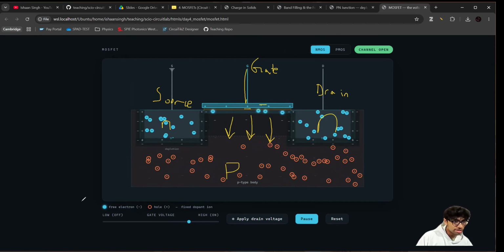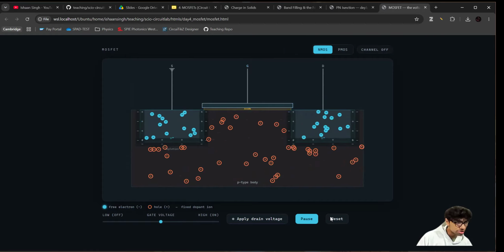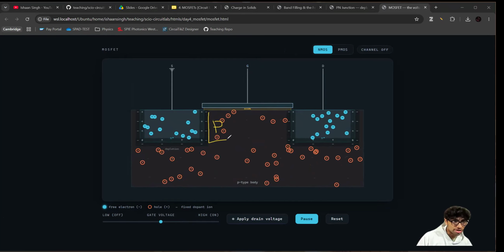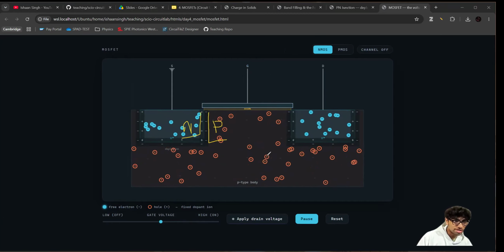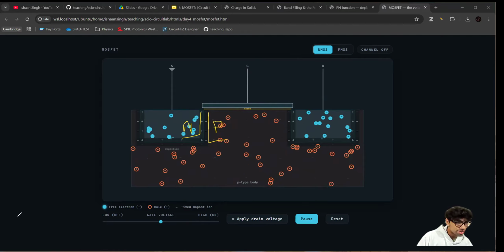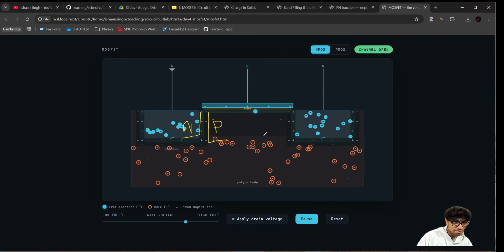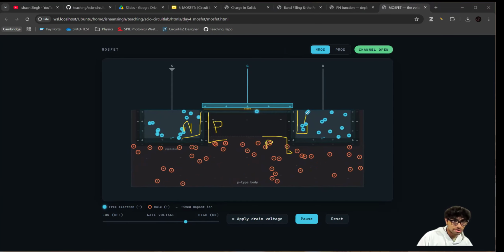Because remember, what was creating the p-n junction, if I reset, was the fact that I have a big p-type blob right here, and I have n-type right here. So that creates a p-n junction. But if I apply this gate voltage, then the p-type blob essentially ends right there, whereas n-type is right here.